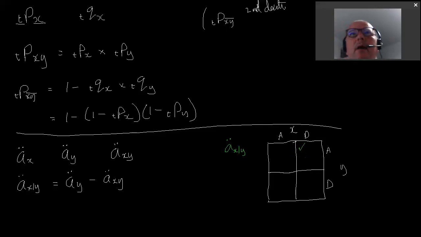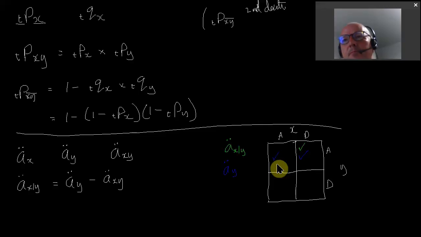Now let me do in blue A.Y. A.Y pays out if Y is alive and X is dead, and it pays out if Y is alive and X is alive.